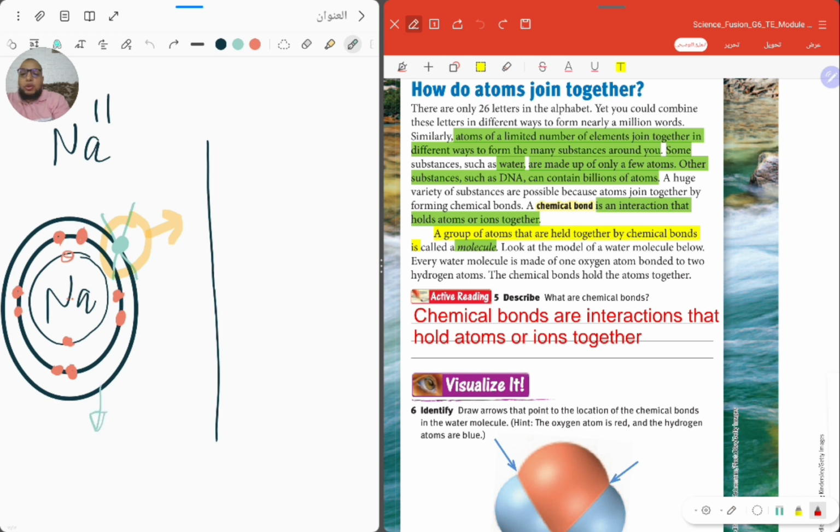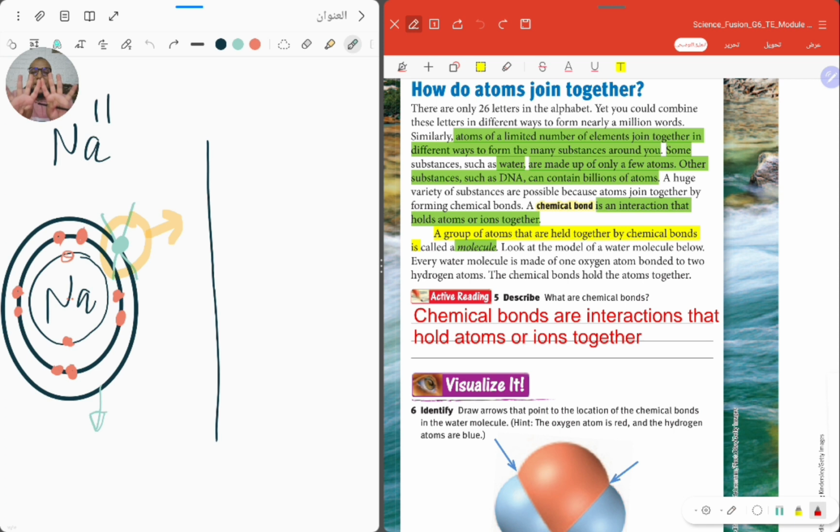When this atom loses 1 electron, if you remember, we said before, the number of negative electrons equals the number of positive protons. That means if we have 4 negative electrons, we must have 4 positive protons. So the atom is neutral, or doesn't have any charge.